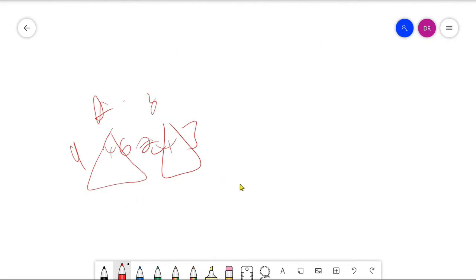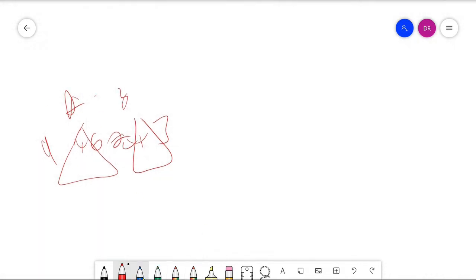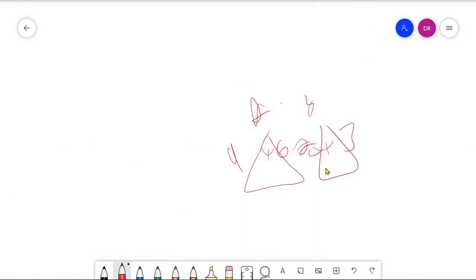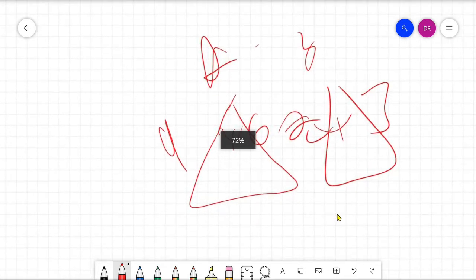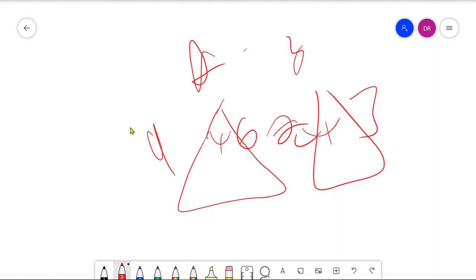So this is how you prove that two triangles are similar using side angle side. You know that two sides are proportionate. See, 6/3 is equal to 2. Proportionate. And then you know that one angle is congruent. So yeah, the angles have to be congruent.